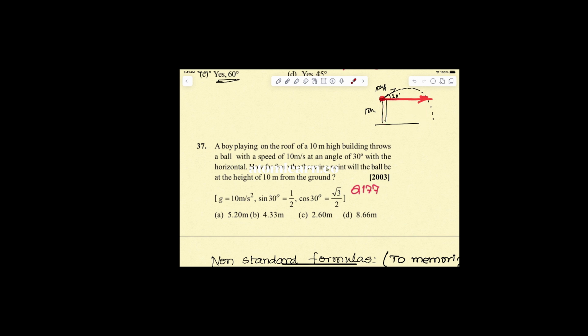Nothing but they are asking what is the horizontal range of this. The angle is 30 degrees and u equal to 10. Simple. Okay, the range formula: u equal to 10, theta equal to 30. Calculate. That is the answer. How far it will be away from this point.